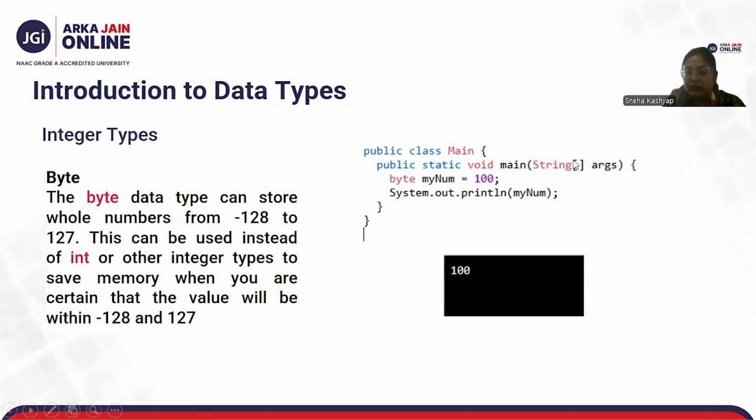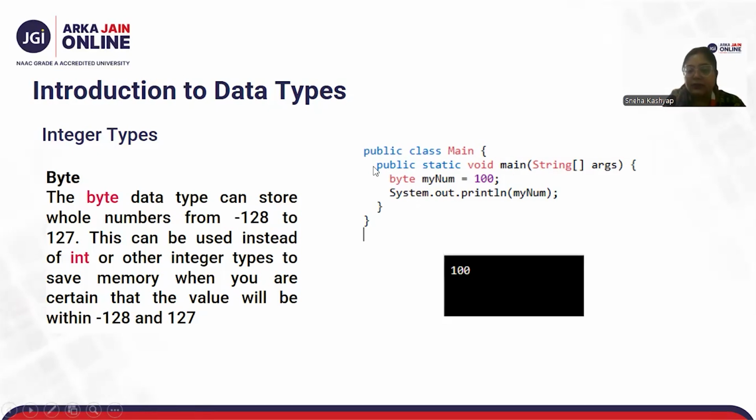The number of elements is not defined, but I can store the values here. My main function has a return type void, it is static, and the access specifier is public. Now I am taking a variable named num, and I have defined its data type as byte.